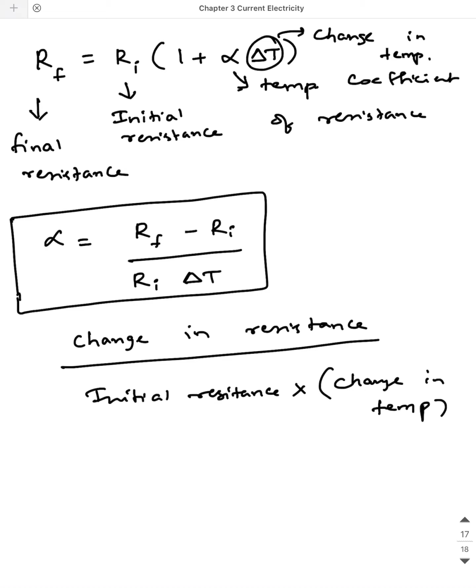So this is the temperature coefficient of resistance. Its SI unit is going to be Kelvin inverse, and the CGS unit will be degree Celsius inverse. So there will be some problems which are asked based on this particular formula.